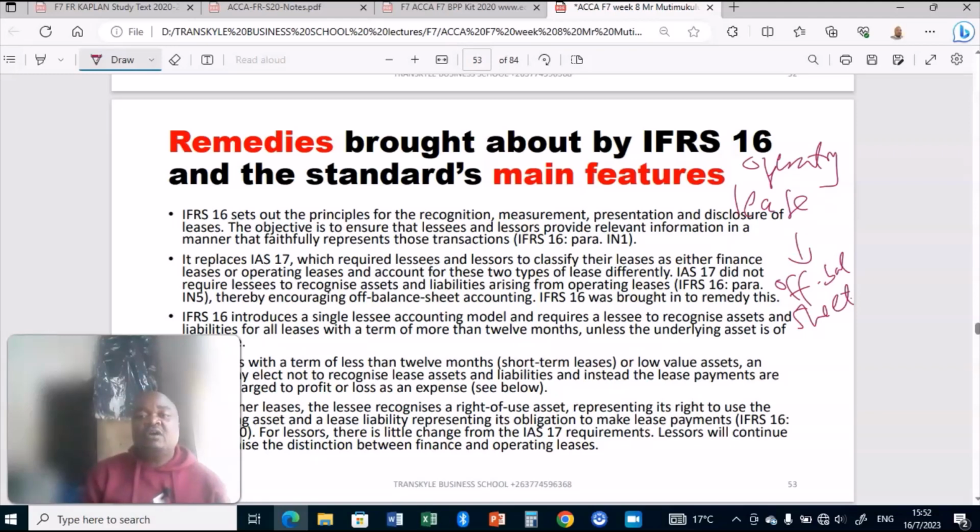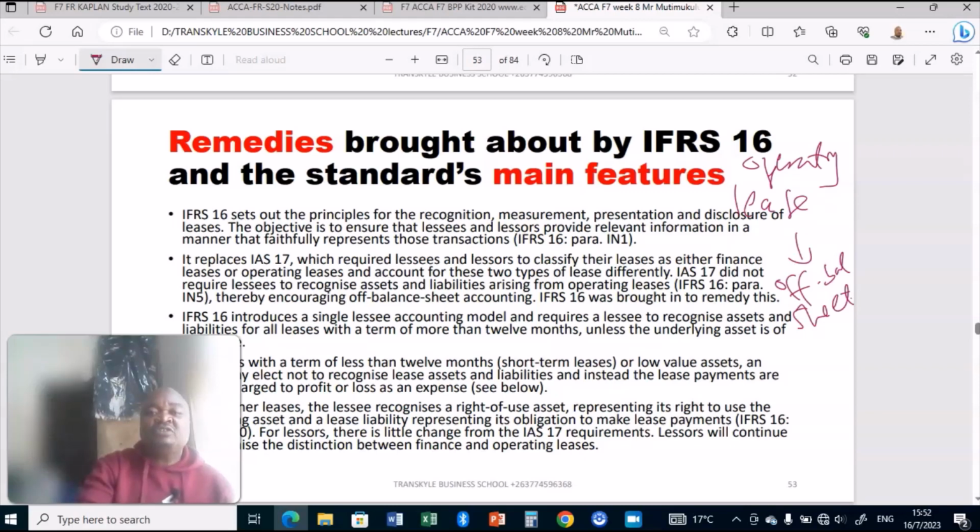All right, so with the coming of IFRS 16, this was banned, and full disclosure is now required, where every lease has to follow the same criteria with regard to the lessee's books.